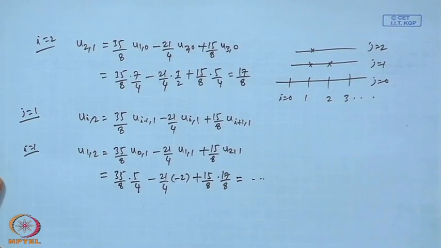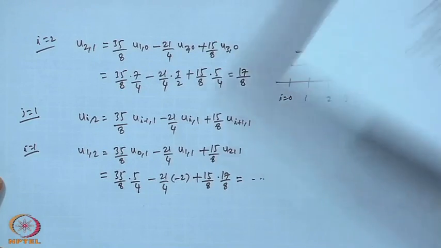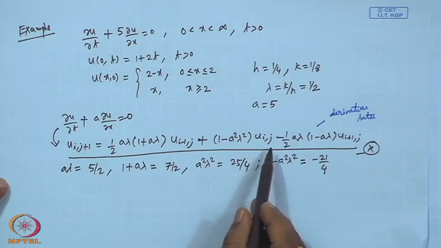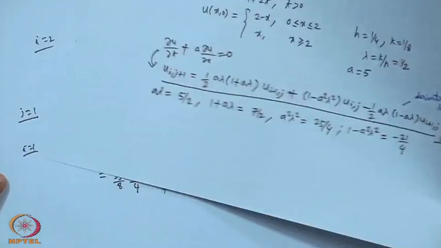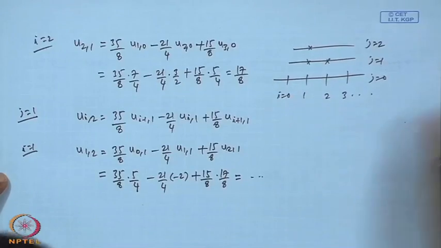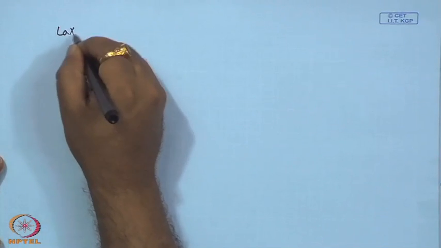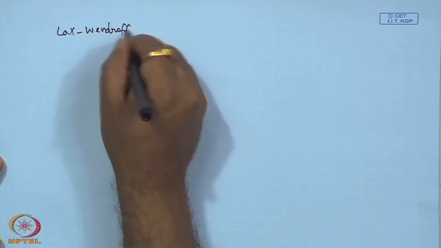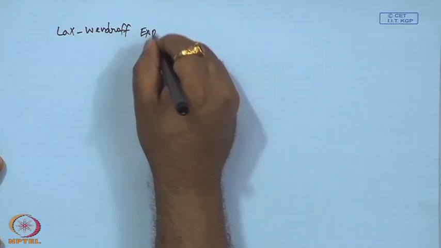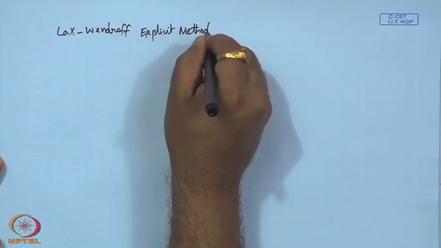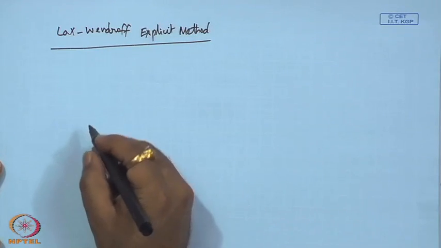However, I made a remark, this equation can be approximated by this, right. So, let us see what kind of approximation gives this method. Okay. So, this is called the Lax-Wendroff explicit method.